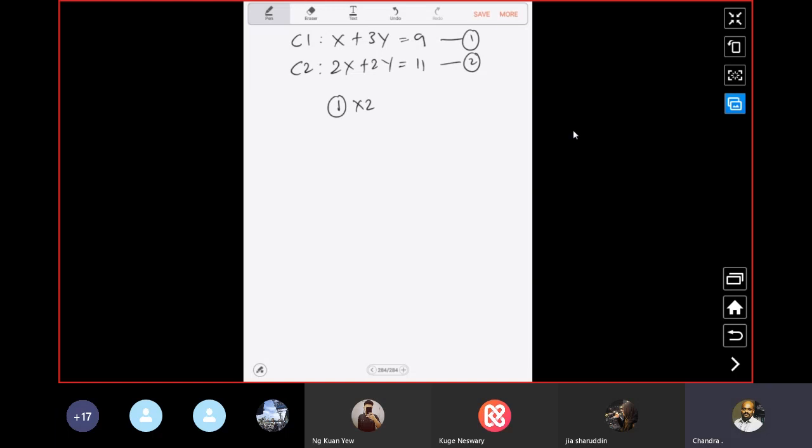I'm going to do a simultaneous equation. Y equals 1.75.